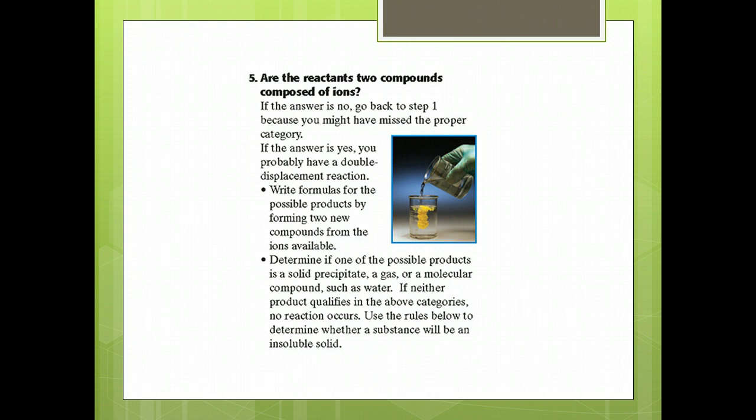Determine if one of them is a solid, precipitate, or a gas, or a molecular compound such as water. And then use the rules that I'll give you to determine which ones will be insoluble as a solid. So I have another PowerPoint that goes through those rules as well as the activity series.